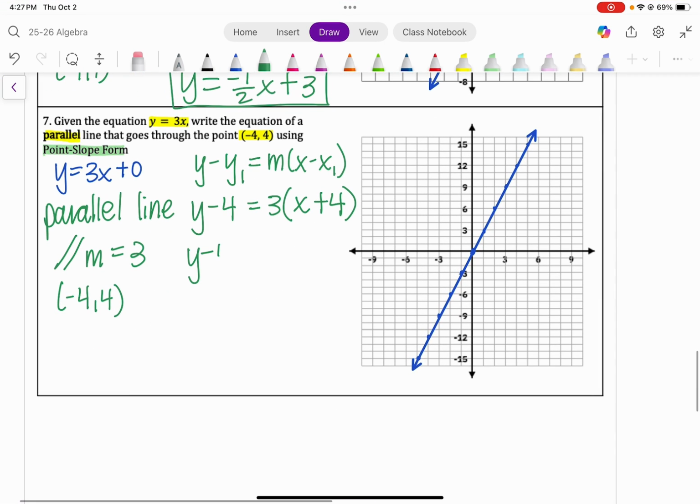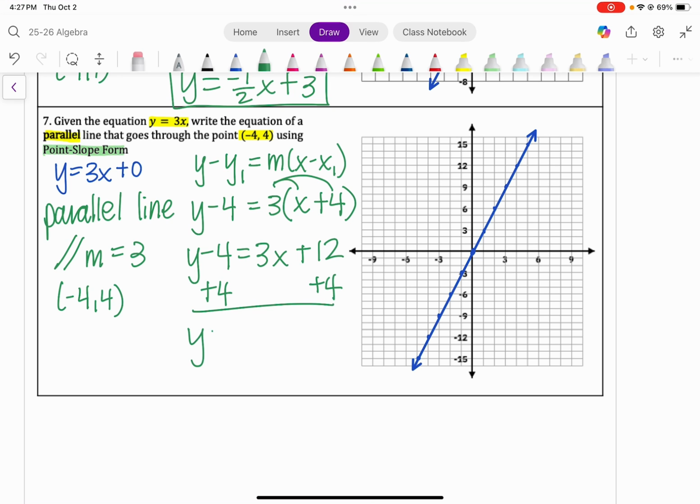So y minus 4 equals 3x plus 12. And I just have to move that 4 over with addition. So that gives me y equals 3x plus 16. And there's my 16 way at the top of that graph.